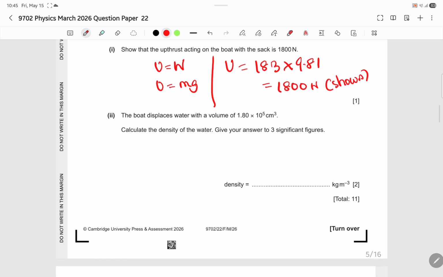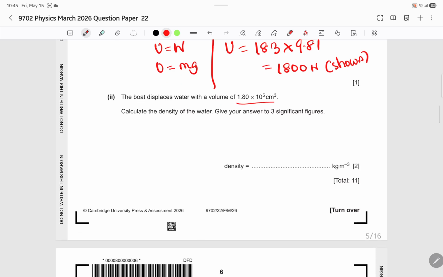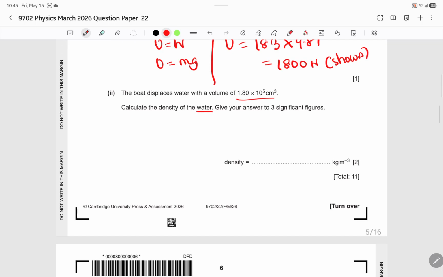Next question. The boat displaces water with a volume of this. Calculate the density of the water, give your answer to 3SF. Here it literally specifies 3SF, so don't write 2SF for this question. What's the formula for density? We have to find the density of the water, not the boat. That means we cannot just use density equals mass by volume. That is not going to work here.